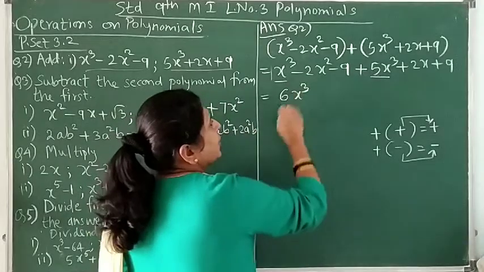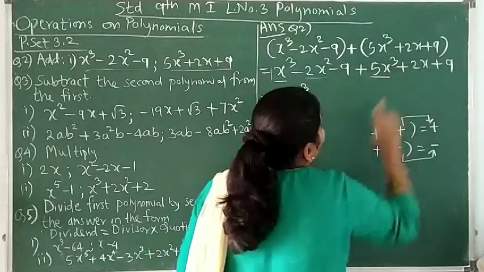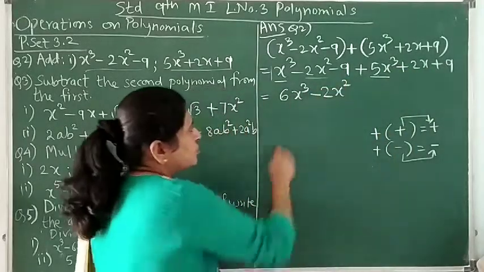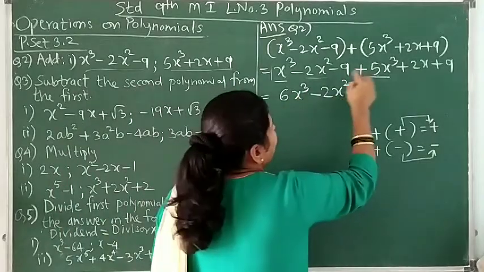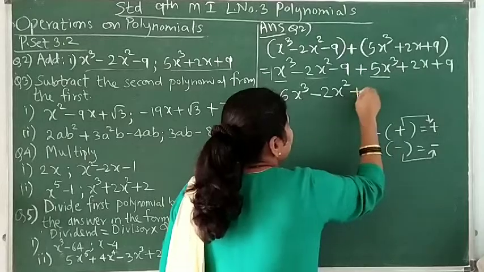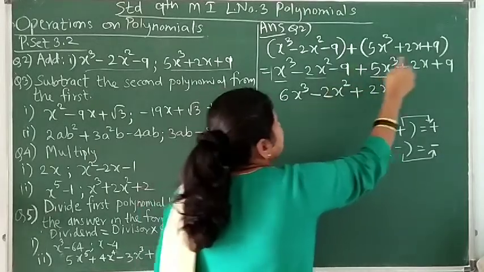Now let's come to the x squared term. We have only one x squared term, so we copy minus 2x squared as it is. So after x cubed, we have x squared. Now the x term: yes, here it is 2x, the only term, so write it as it is. Then the constant terms, minus 9 plus 9.